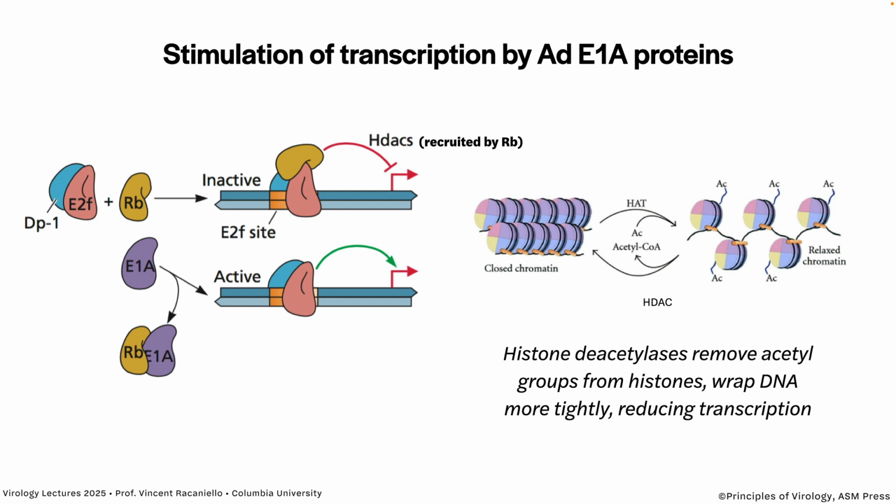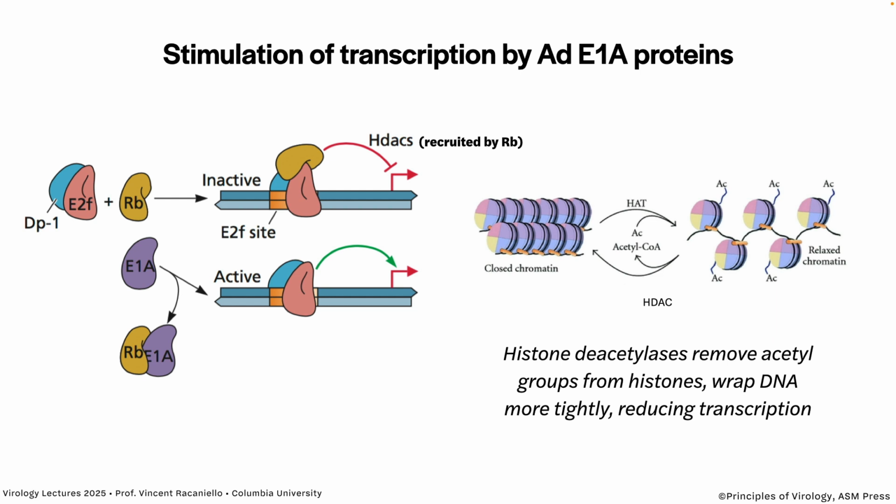And when this binds E2F promoters, like this, the RB component will recruit histone deacetylases to the promoter. And histone deacetylases take off acetyl groups from histones and make the chromatin more compact, turning off transcription. So when RB is present on these E2F proteins, transcription is shut off.